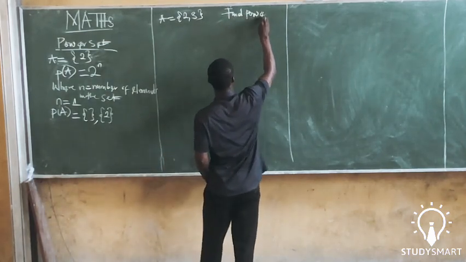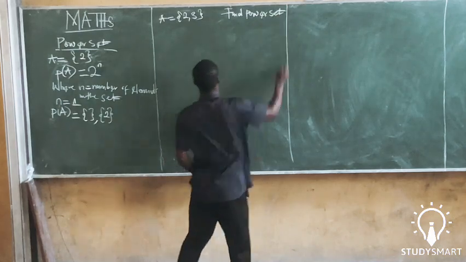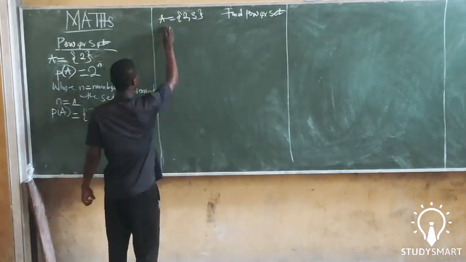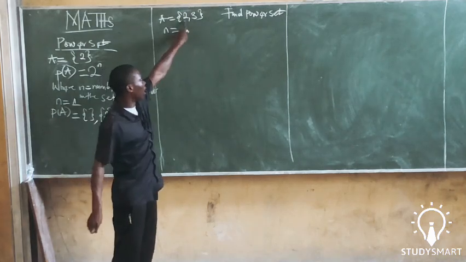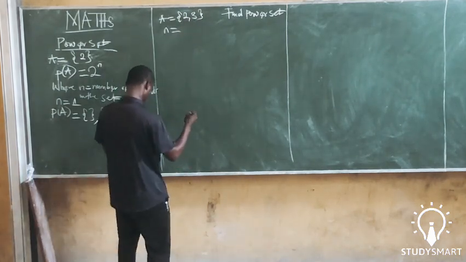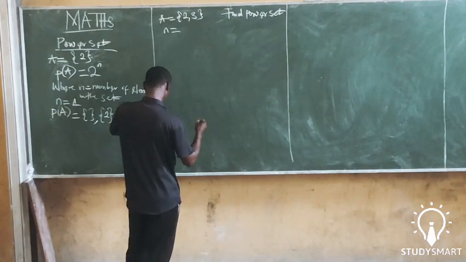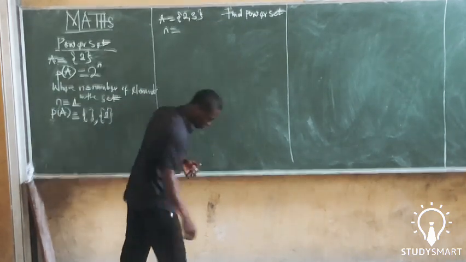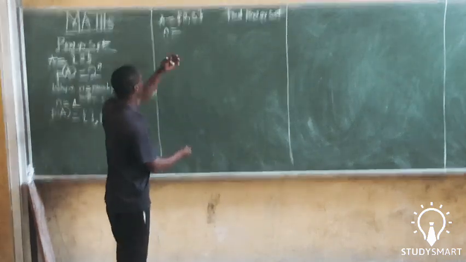Let's find the power set from this expression. We know that n here will be what? 1, 2. So the number of elements in this set is 2.